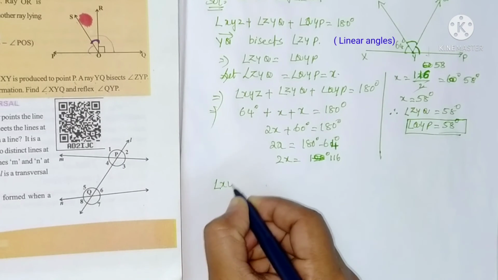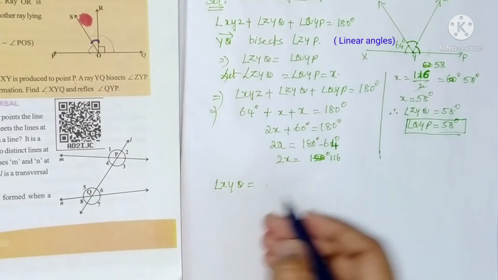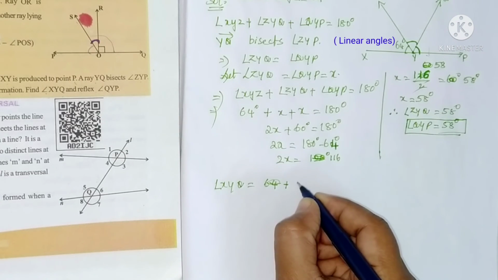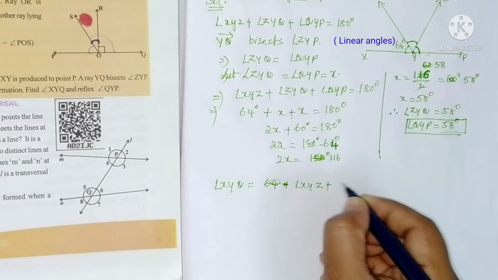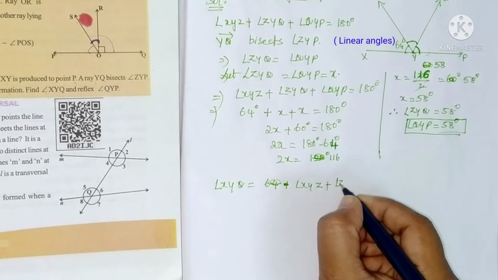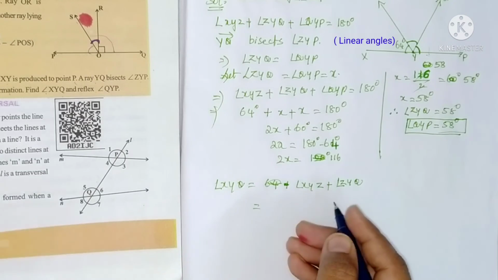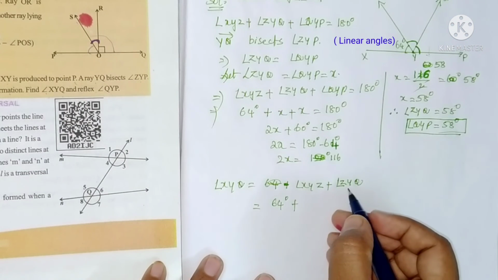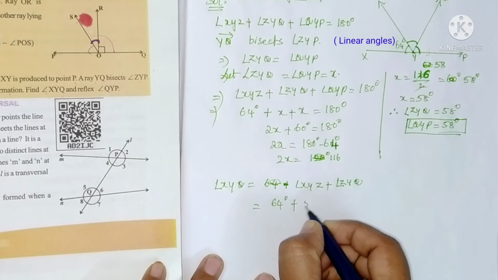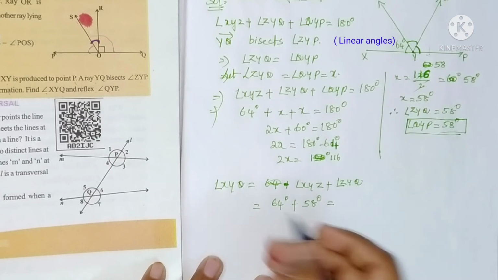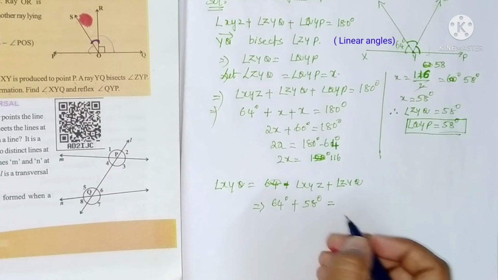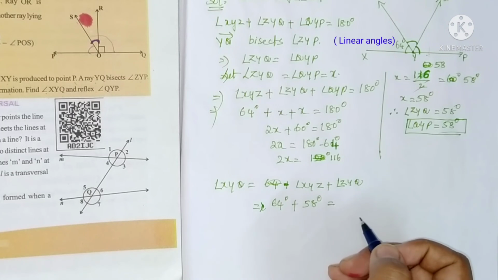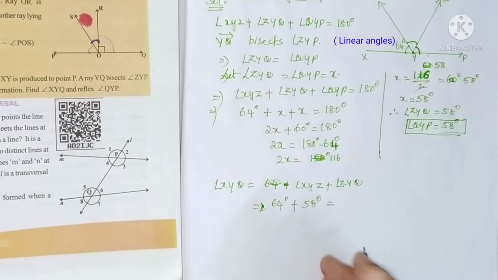Angle XYQ is equal to angle XYZ plus angle ZYQ, which is 64 plus 58 degrees. After adding these two, we get 122.